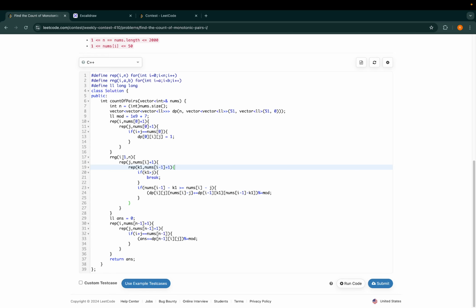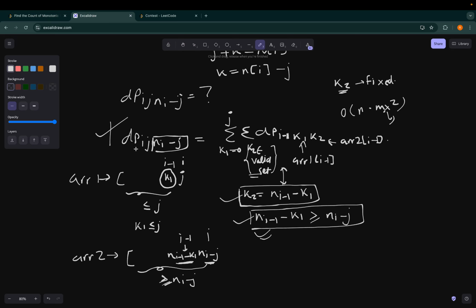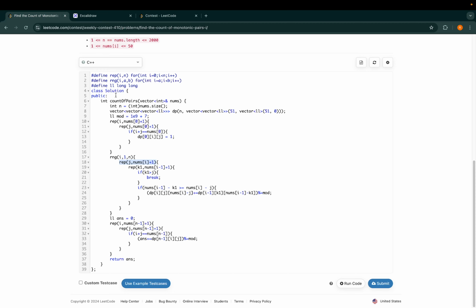Now I'm iterating from 1 to n minus 1 because I already calculated the initial state, okay? And now your j would go from 0 to nums of i, right? So basically this guy will go from 0 to nums of i because that's the maximum value you can put at the ith position in array 1.